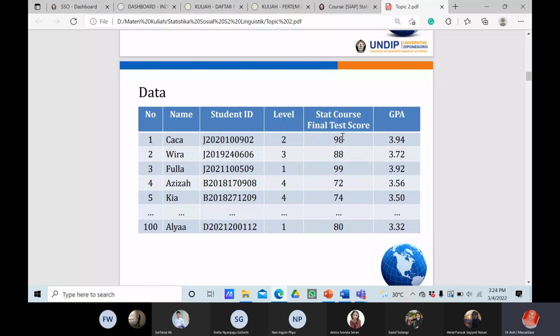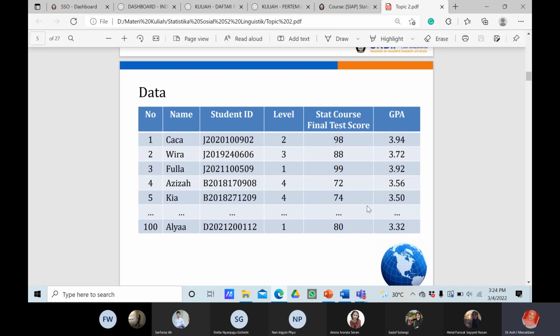When we focus on the final test score, maybe we can provide the mean or average of the score, or the minimum score of this group, or other information that we can provide to the readers.